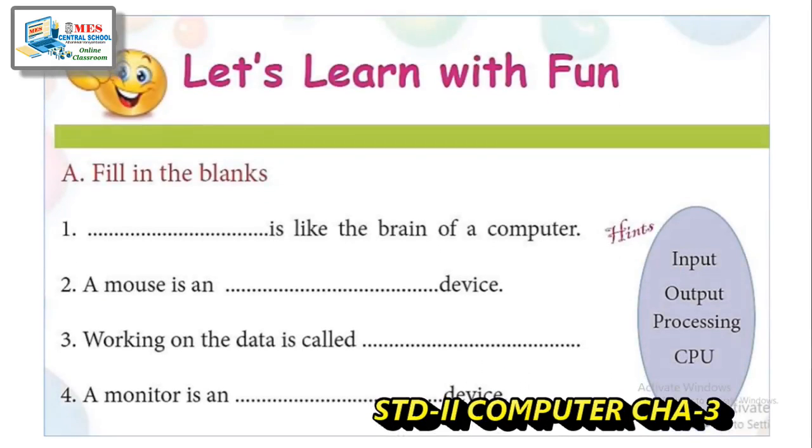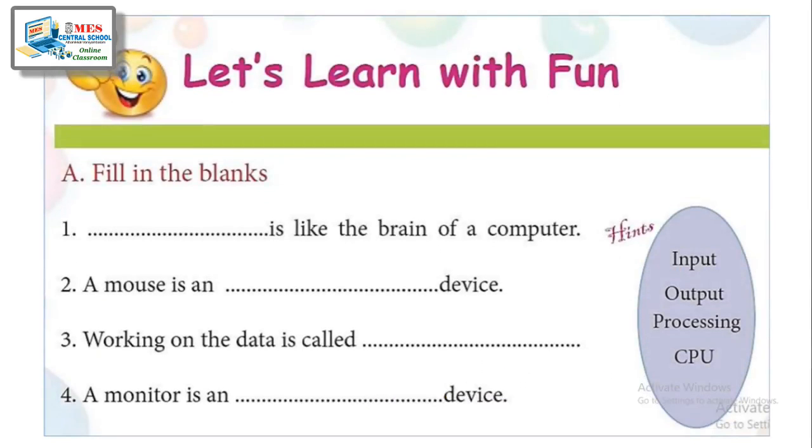Now, the exercise part, fill in the blanks. Dash is like the brain of a computer. The answer is CPU. A mouse is a dash device. Mouse is which device: input, output, or processing?